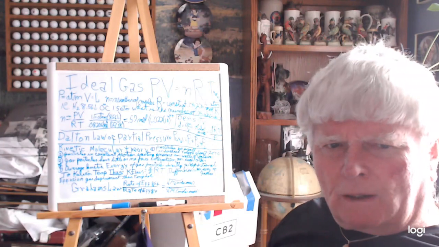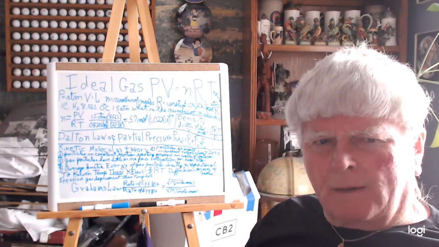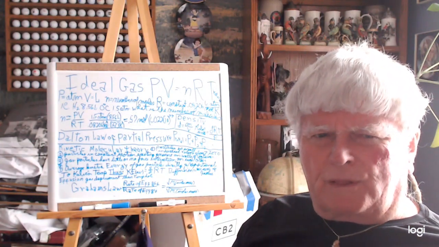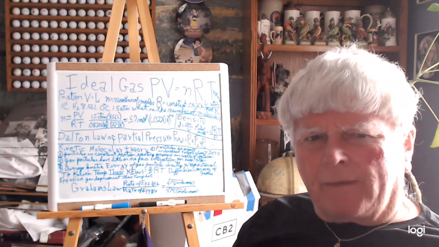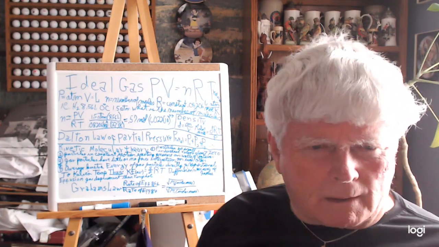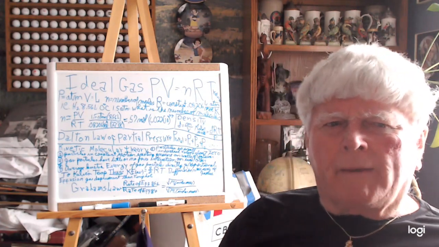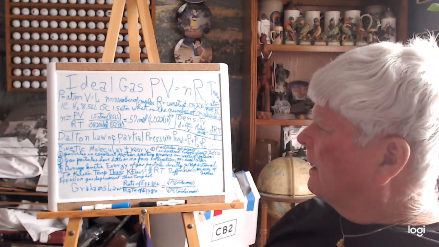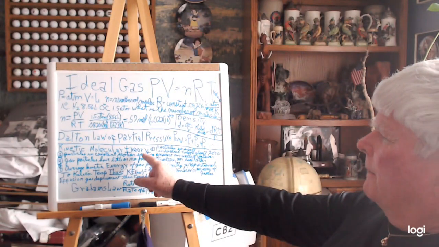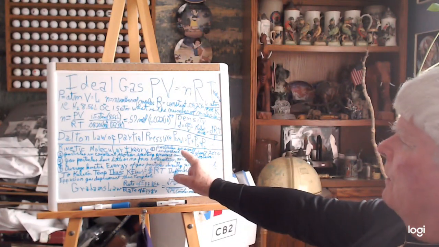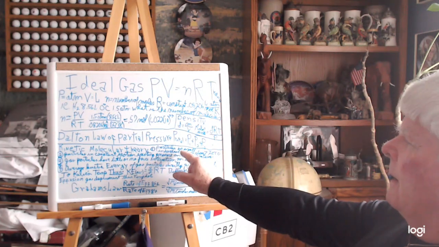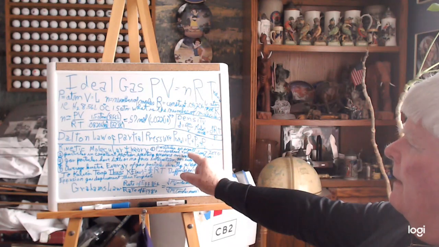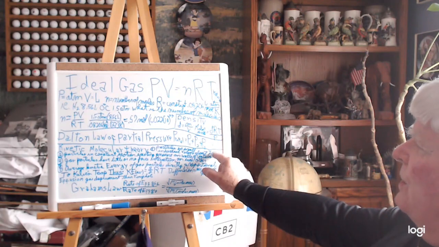Okay, next on the agenda, kinetic molecular theory. All right, we'll go through it. Number one, particles of gases are so small that individually we will treat them as having a volume of 0.